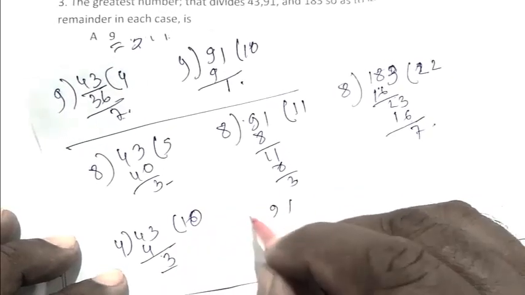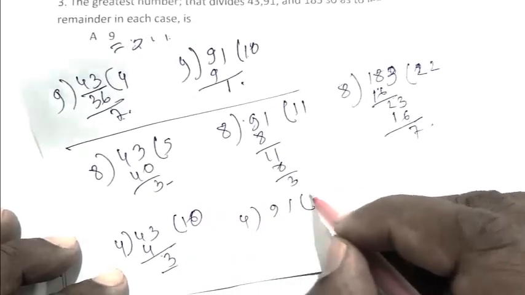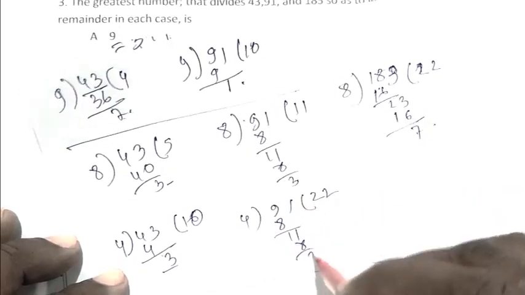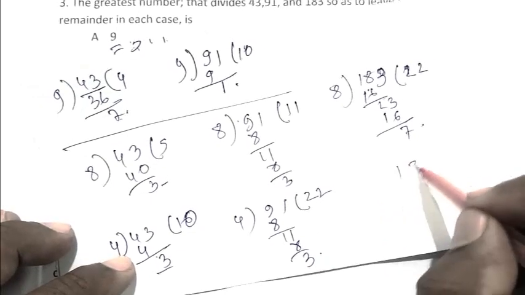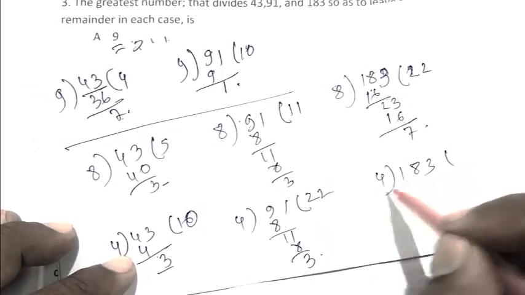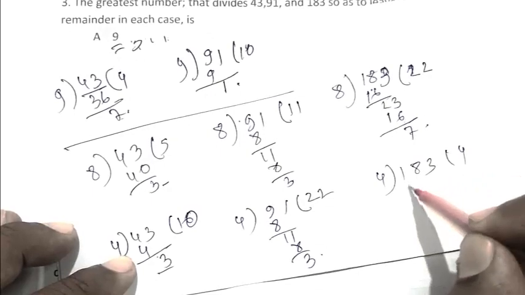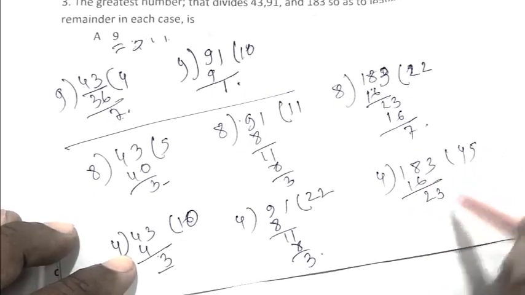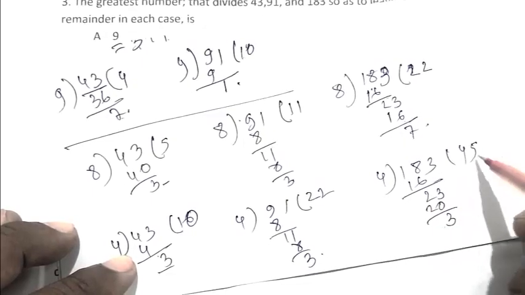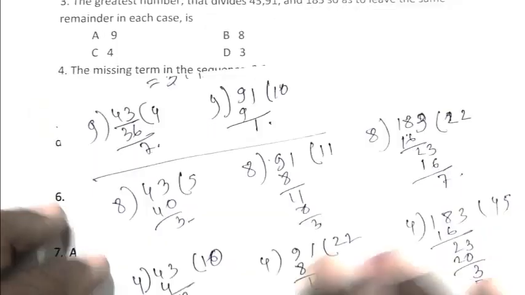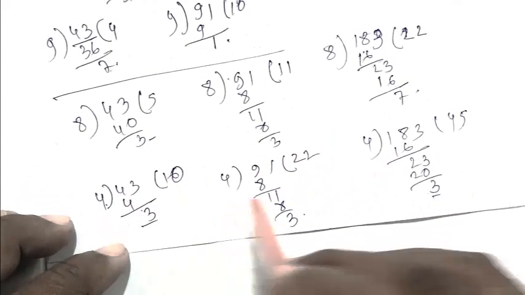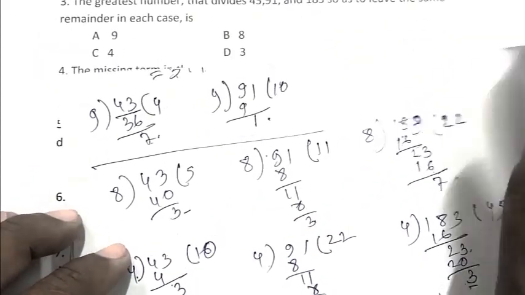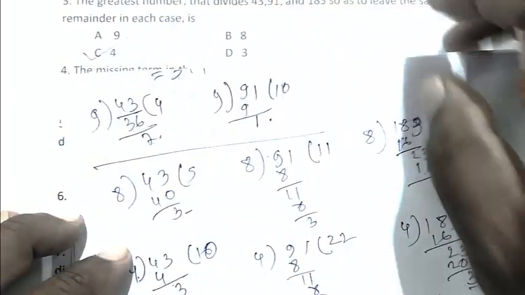After that 91 by 4 we get 3 as a remainder, and 183 by 4 we get 3 as a remainder. When we divide all the numbers by 4 we get 3 as a remainder. So the required number is 4. C is the right answer.